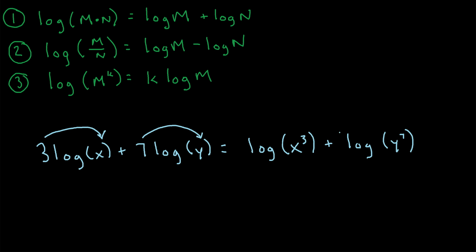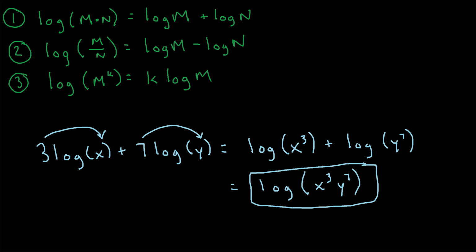So actually, we can rewrite this addition as log of x to the third times y to the 7th. And that will be our final answer. So that's how we can condense this initial logarithmic expression into this new expression, log of x to the third times y to the 7th.